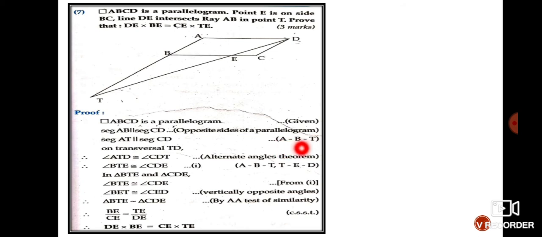Very important to write this part. So I can say now AT parallel to CD, and you have DT as the transversal. Try to understand the figure, girls. AB parallel to DC, and you have TD as the transversal.